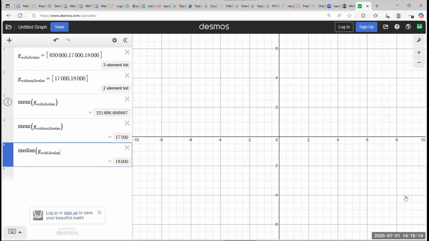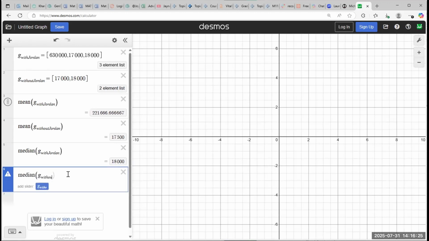And the median without Jordan. The median doesn't change a whole lot, does it? That outlier has practically no impact on the median, but a huge impact on the mean.